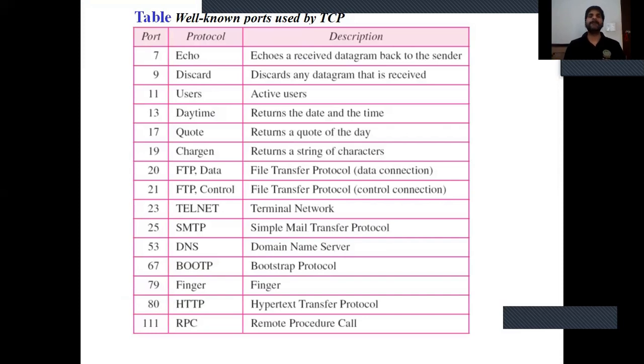Port 7 is the echo protocol, which echoes a received datagram back to the sender. Port 9 is discard, which discards any datagram that is received. Port 11 is users, which lists active users. These are the protocols, ports and descriptions used in TCP.